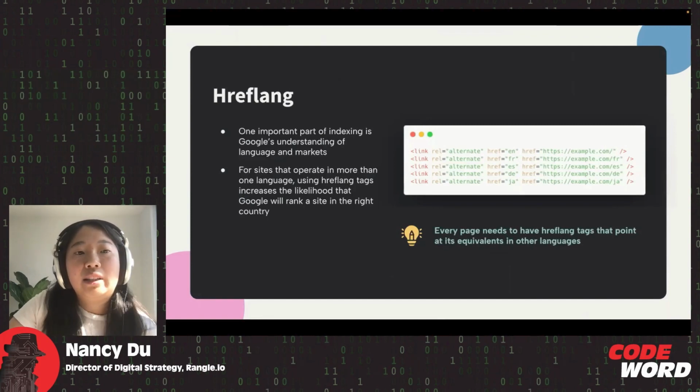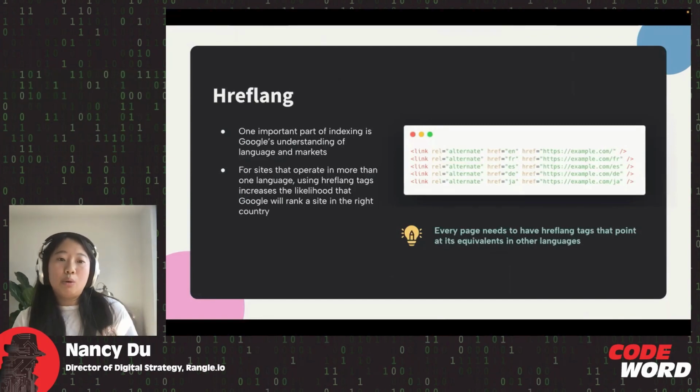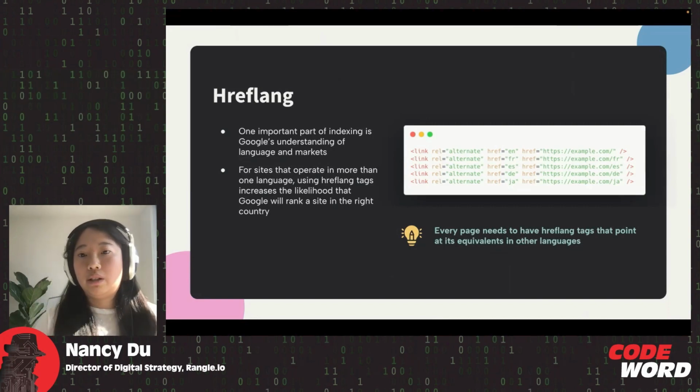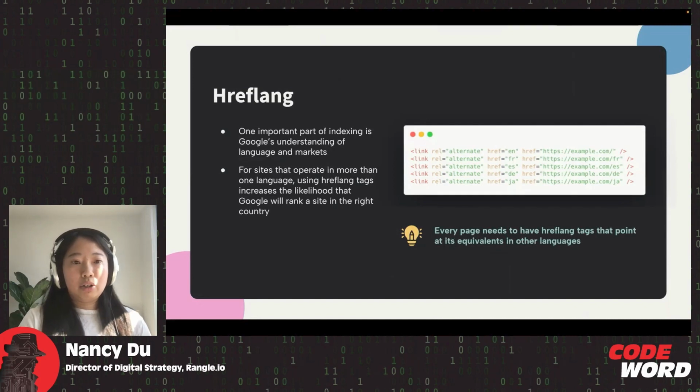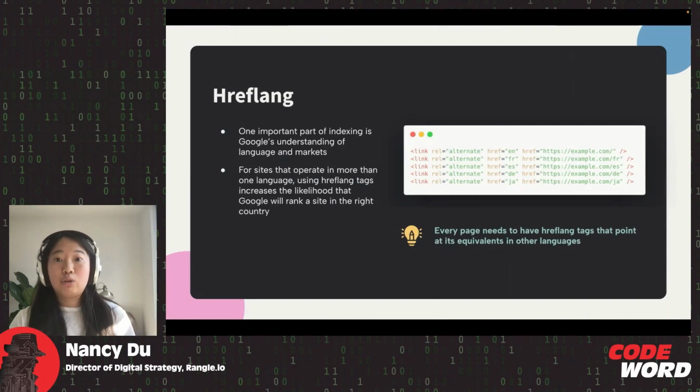The hreflang is really only applicable if you're operating in multi-language scenarios. One important part of indexing is for Google to understand what pages are in what language and what market each is trying to serve, so that as people are searching in different countries, it's returning the correct results.